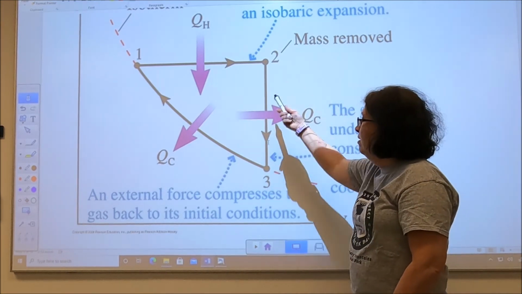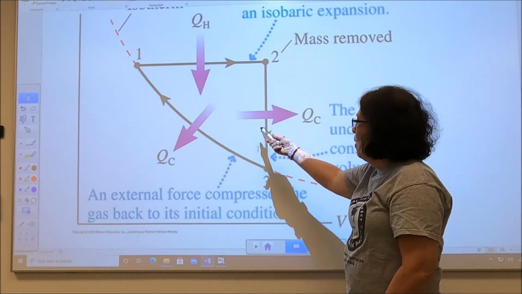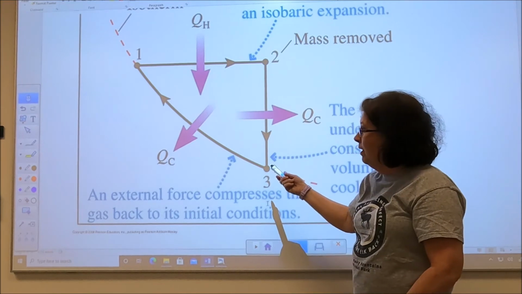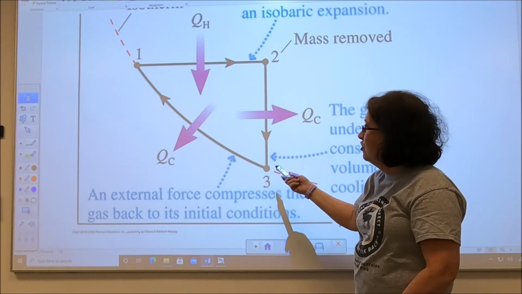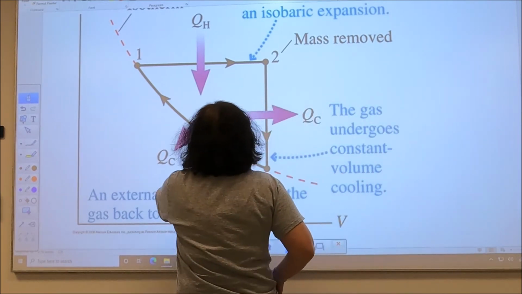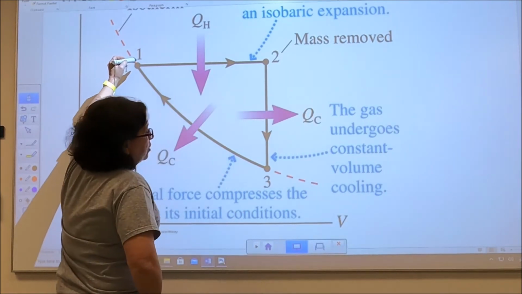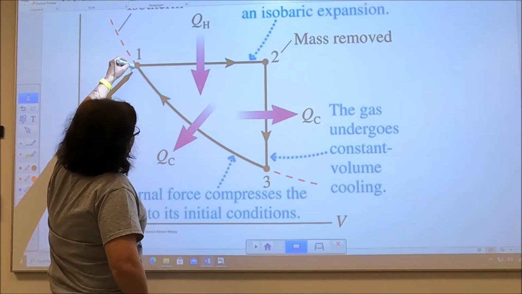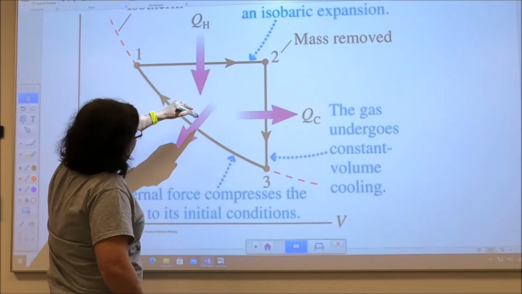And then we have the isochoric cooling, no work. Heat energy is being pulled out, volume is remaining constant as the pressure is dropping, no work is done. And then we have an isothermal compression. Energy is being used to compress it back.